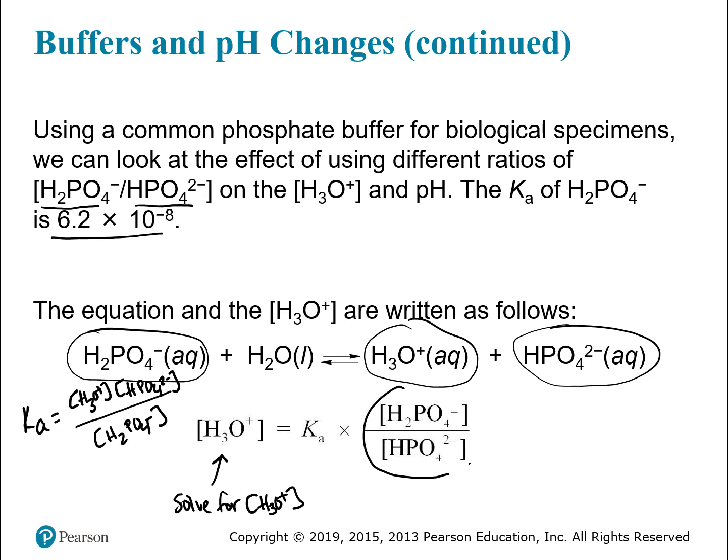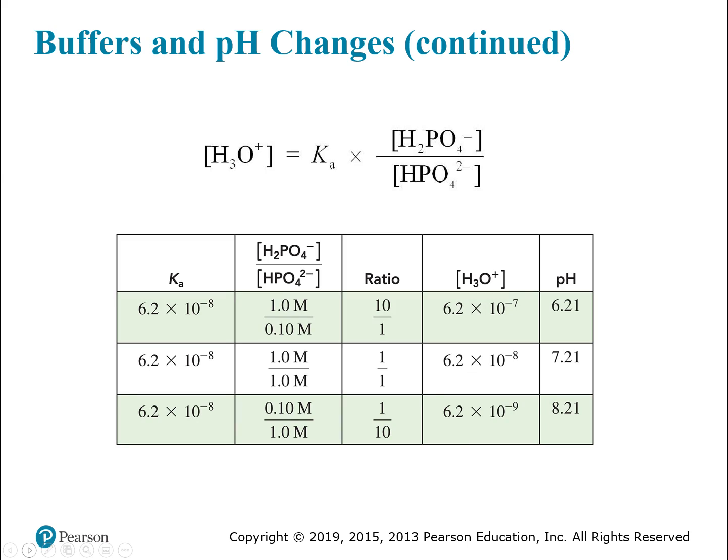This ratio is what determines the hydronium concentration. So if we put in different values for the acid and the conjugate base, we have different ratios, and that has an effect on the pH. If you have 10 times more acid than conjugate base, then you're going to have a pH of about 6.